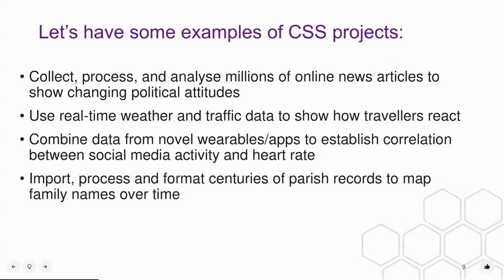So what we have now is a few examples that might help put this into context a little bit. One example of a computational social science project would be collecting, processing, and analyzing millions of online news articles to show changing political attitudes.